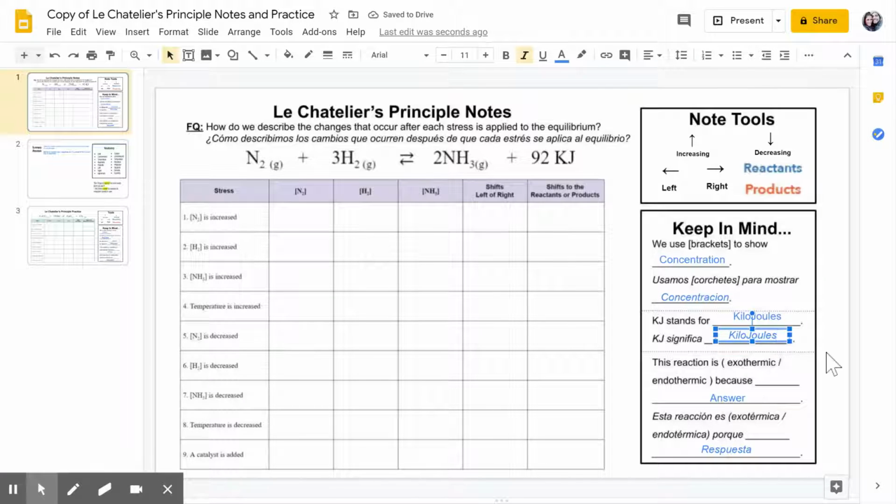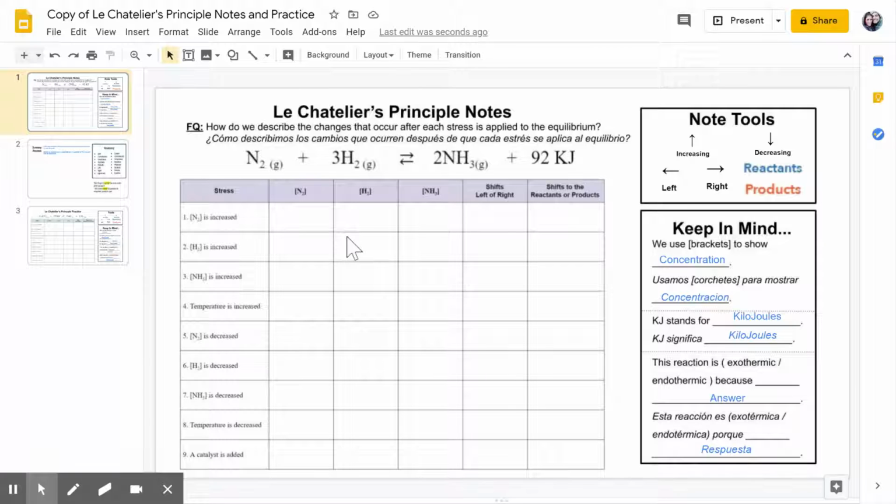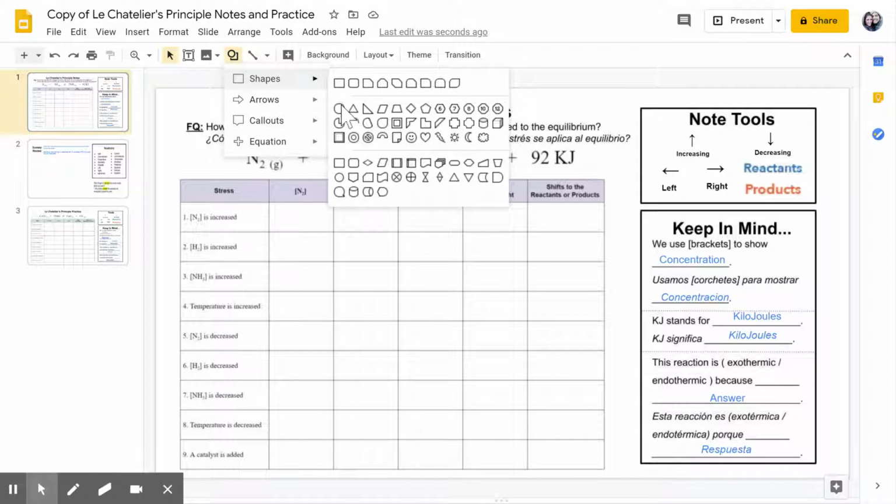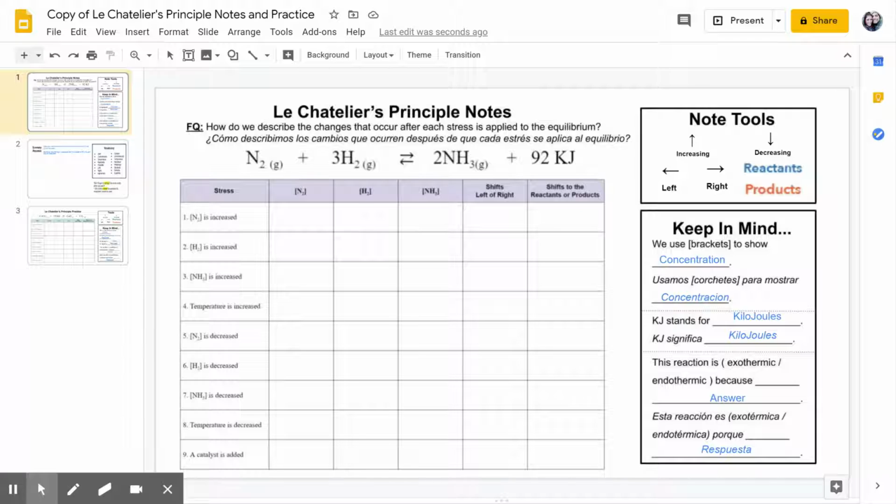Now, before we even get started, we need to decide, is this reaction showing an exothermic reaction where heat or energy is exiting? Or does it show an endothermic reaction where heat or energy is entering? So I'm going to go up here and grab a shape. I'm going to grab a circle, and I'm going to circle, is this exothermic or is this endothermic?